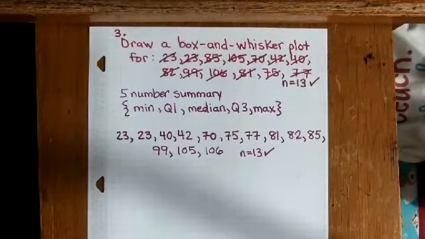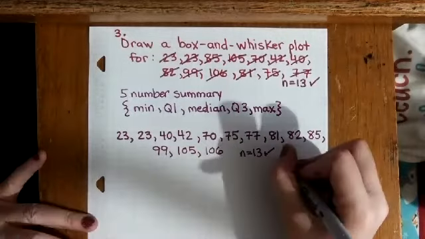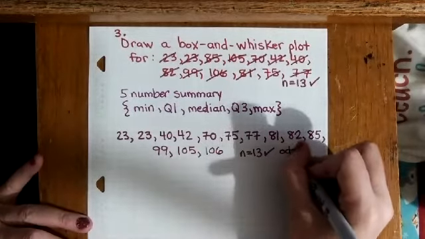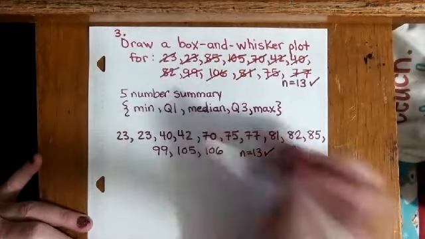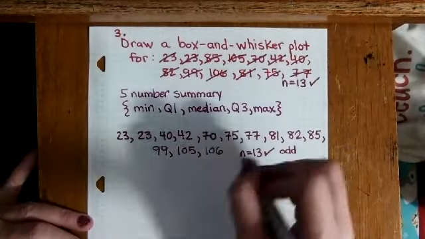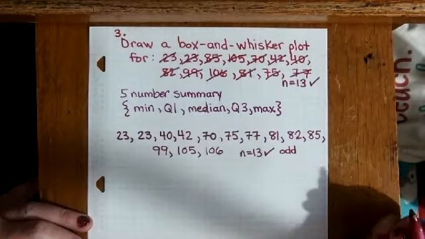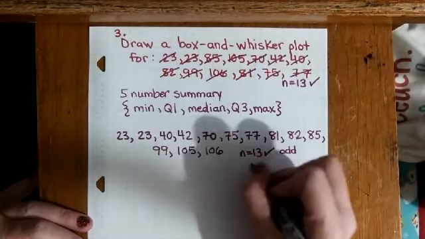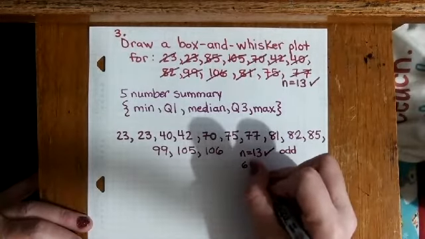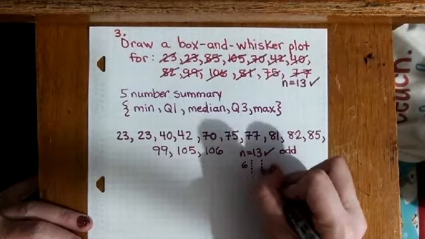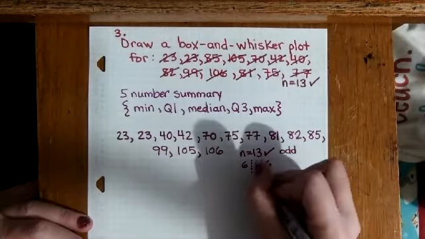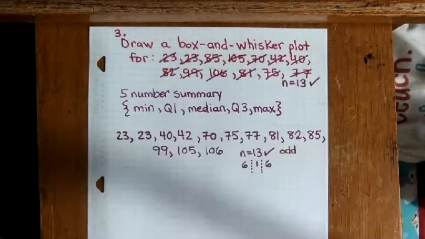All right, now with n being 13, that means n is odd. When we look for the median, that means we'll have an exact middle, right? If we cut 13 in half, we would have 6 on one side, evenly 6 on the other, and we'd have one entry in the middle.